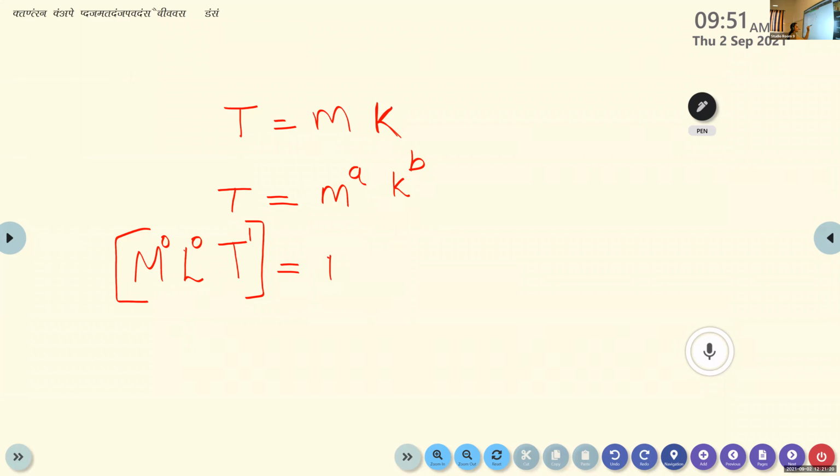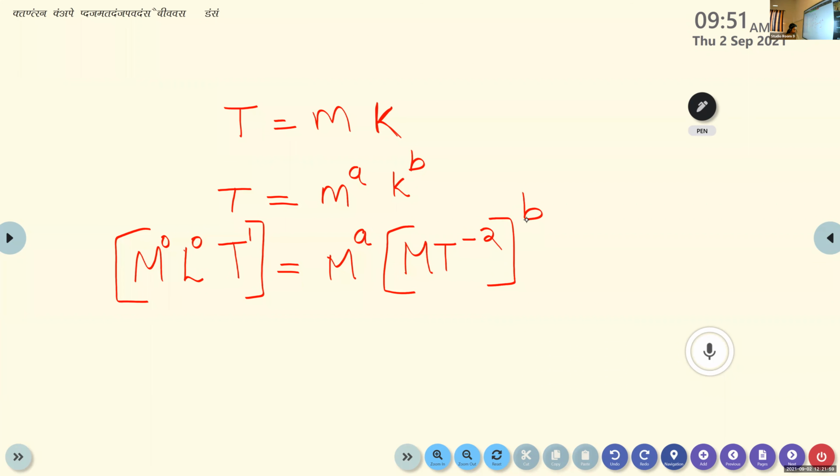Dimension of mass is M raised to A. The dimension of force constant k is M T raised to minus 2, as provided in the question paper, all raised to B. So M raised to 0, L raised to 0, T raised to 1 equals M raised to A, into M T raised to minus 2, the whole raised to B.